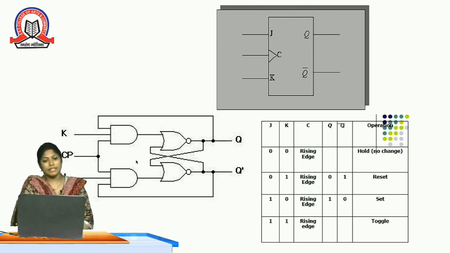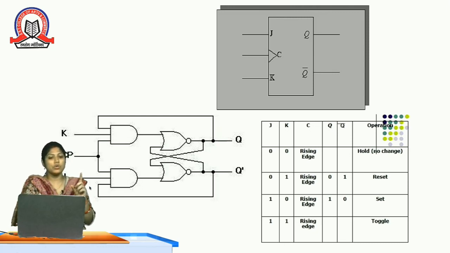What happens here is, at every rising edge, C stands for clock pulse, J and K are the inputs. So again, for the same conditions, 0 0, 0 1, 1 0, 1 1, in the first rising edge, when you are giving a clock pulse as 1, you can initialize the J and K values.